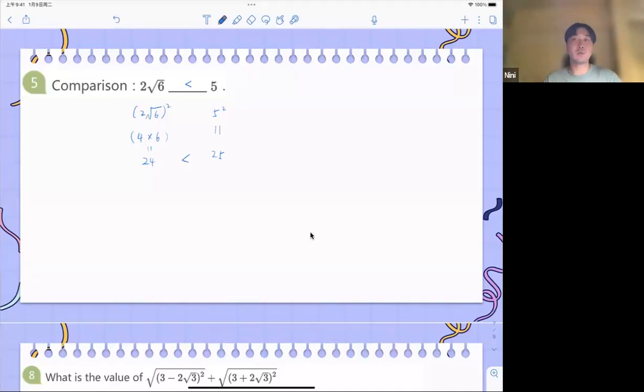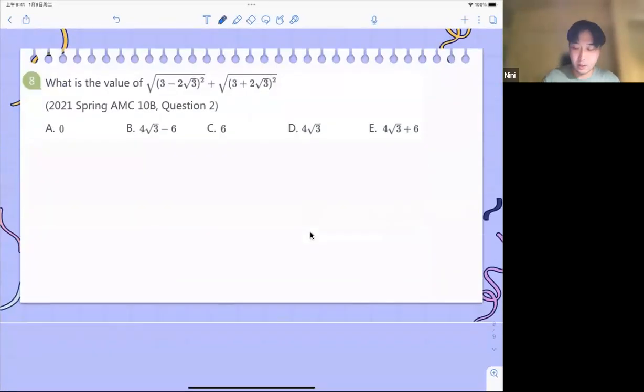And let's move on to our last question, which is the most difficult one. It's an MSc question. So let's do it together. What is the value of this stuff plus this stuff, right? Okay, wow, there's so many square root symbols here. But what should we do, right?